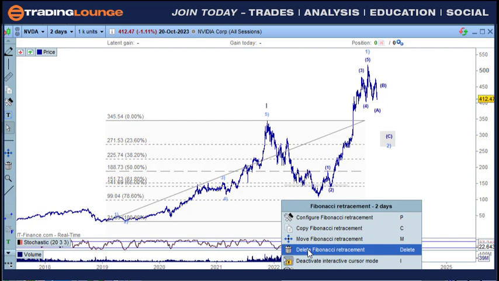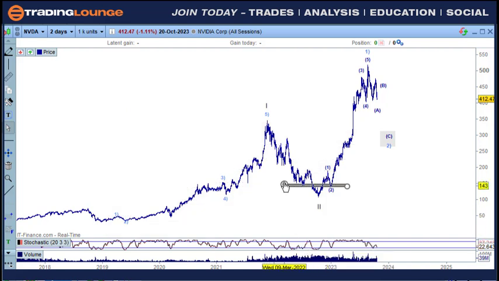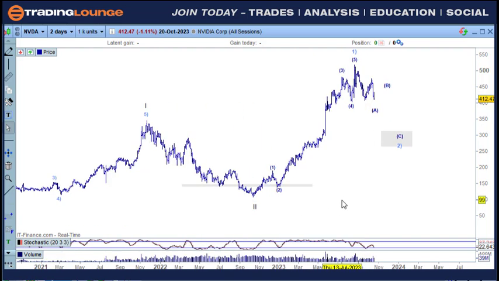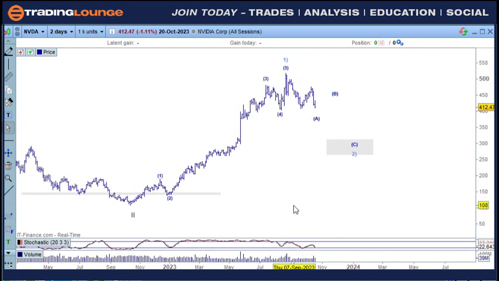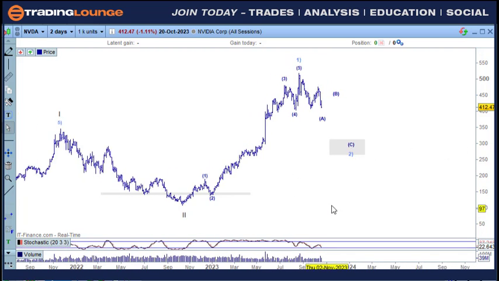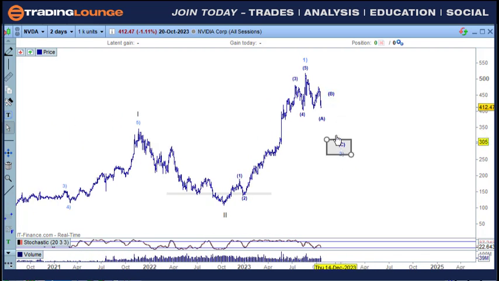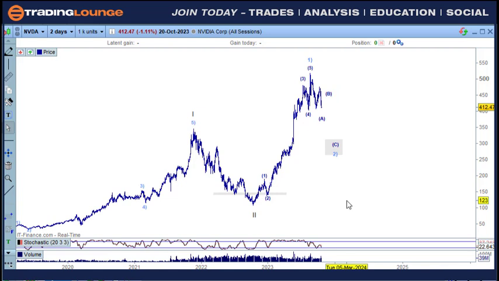So a wave 4 is not going to do that. So it has to be wave 2 here. And then that would leave all of this as wave 1 to the upside. Sure, we still come back to the 300. It's not a corrective move. It's still bearish in that sense. But in the bigger picture, it's just telling me that it's bullish.